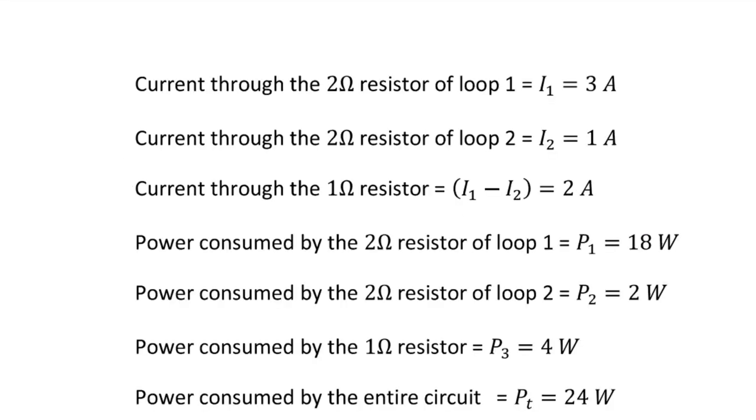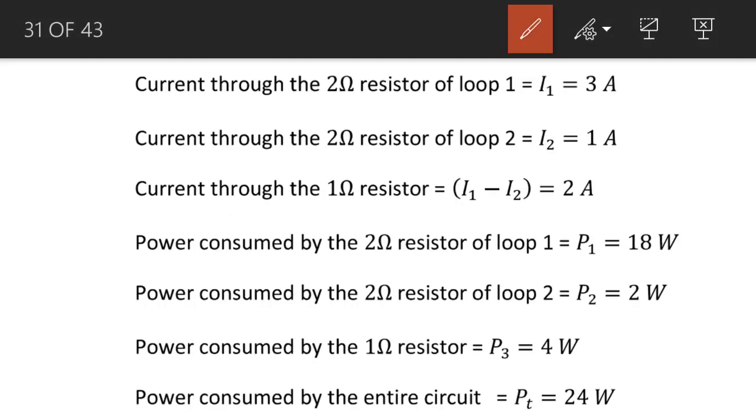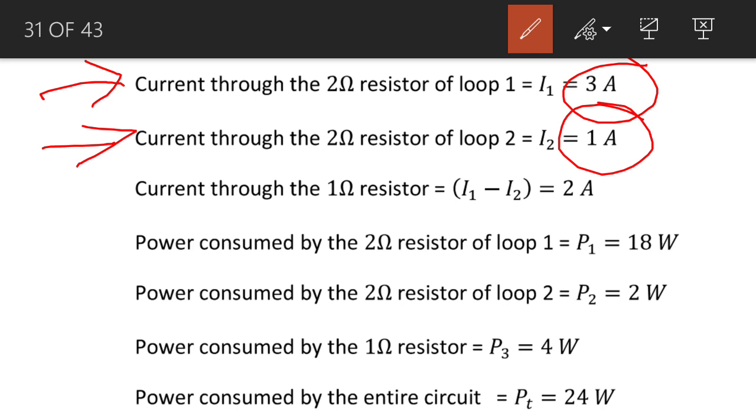So the current through the 2 ohm resistor of loop number 1 is I1, that is equal to 3 ampere. The current through the 2 ohm resistor of loop number 2 is I2 and that is 1 ampere.